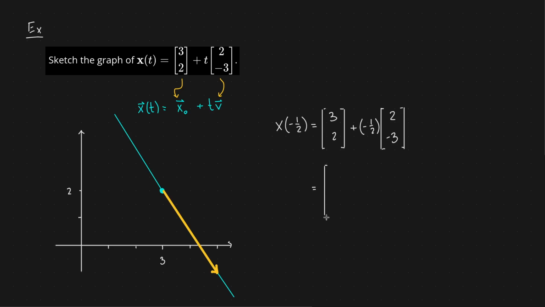That's going to be 2. And then 2 plus -1/2 times -3 is +3/2. So 2 plus 3/2 is 7/2.